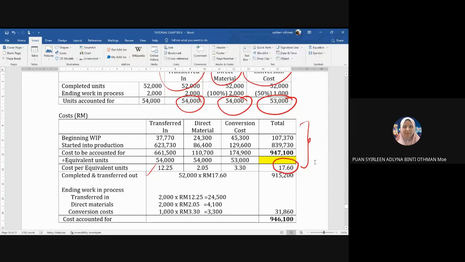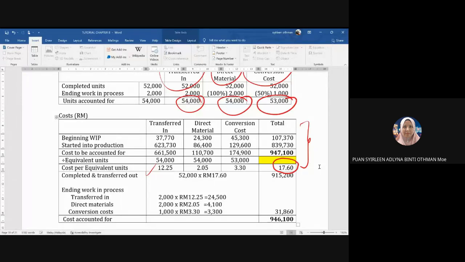Or maybe madam made a mistake here. 915,200 plus 31,860. Did you get this answer? 907,370 plus 839,730 is 947,100.